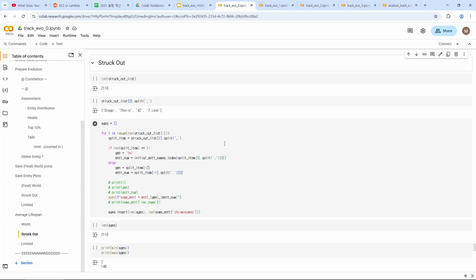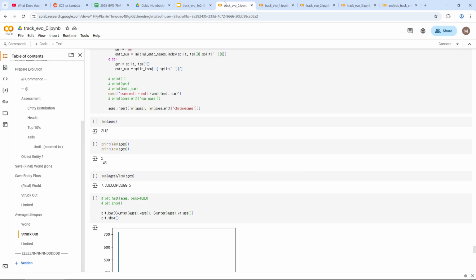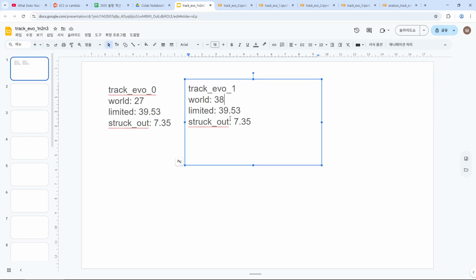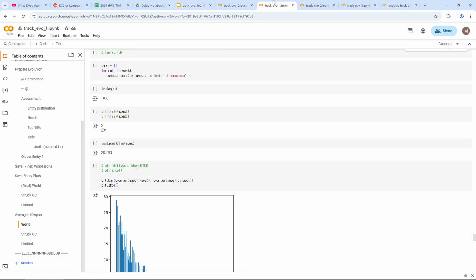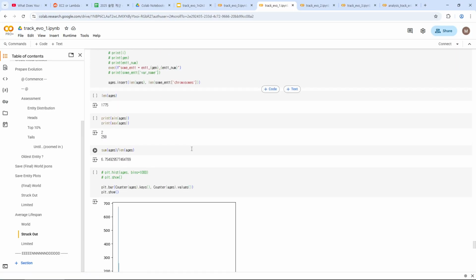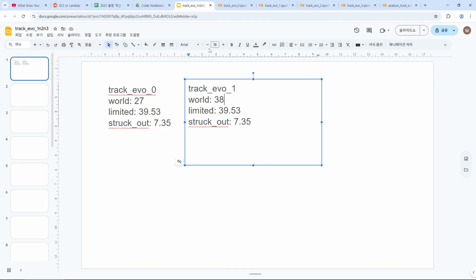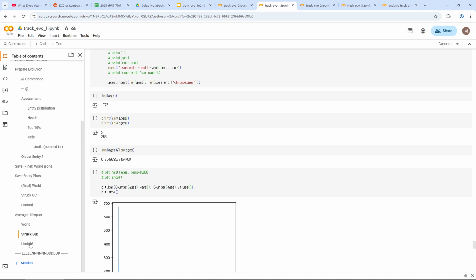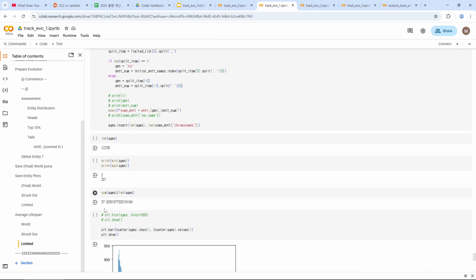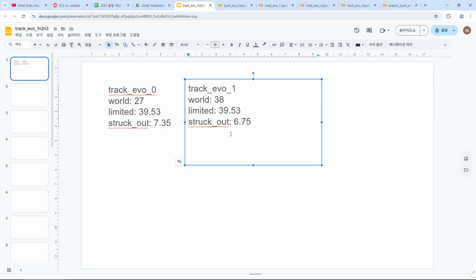And for the struck outs, it was, no, I got that wrong. For the struck out, it is 6.75. And for the limited, it is, is that right? 37.82.